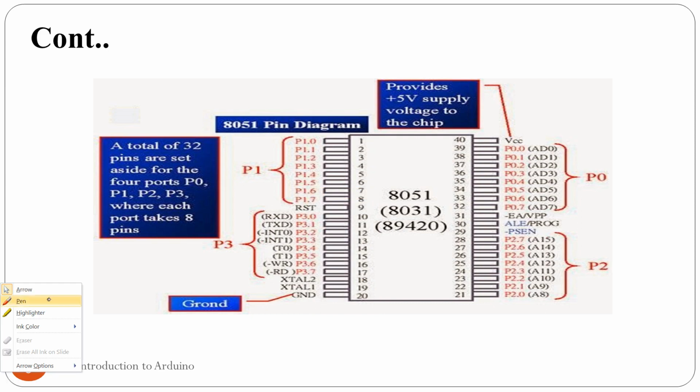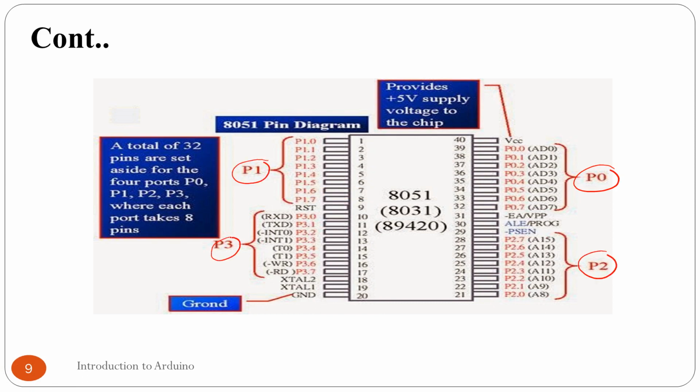So here is the pin diagram of this 8051 microcontroller. It has 4 ports: port 0, port 1, port 2, and port 3. Whenever you want to interface devices or sensors, you must connect to these 4 ports only. You cannot connect devices or sensors to the ground or crystal pins. Please remember this. You cannot interface devices to the reset pin.